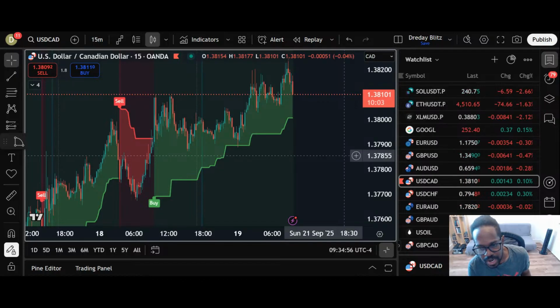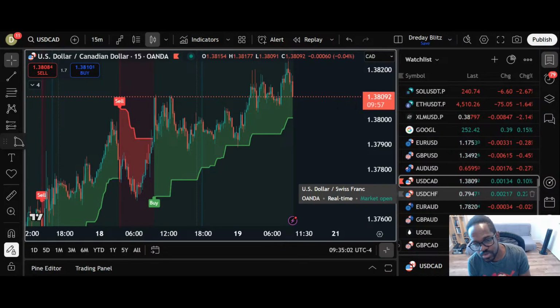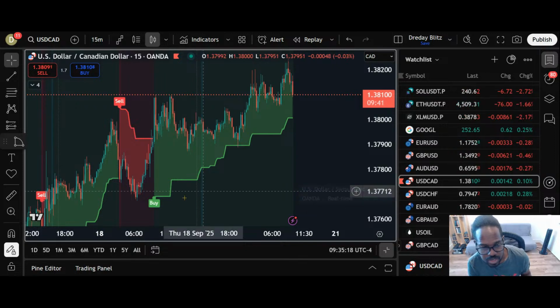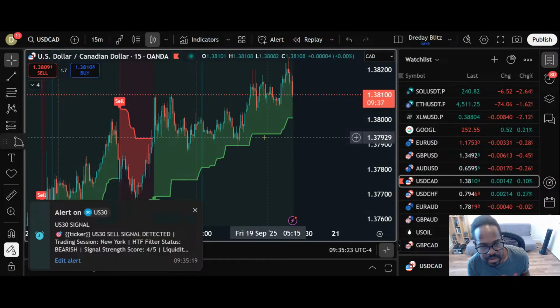So for this week, if you traded the CAD, because we had a lot of CAD news and a lot of US news, if one of them was positive compared to the other, you had most likely a bullish movement for that pair. That's why USD CAD was bullish overall this week, because US was good this week and CAD was not.